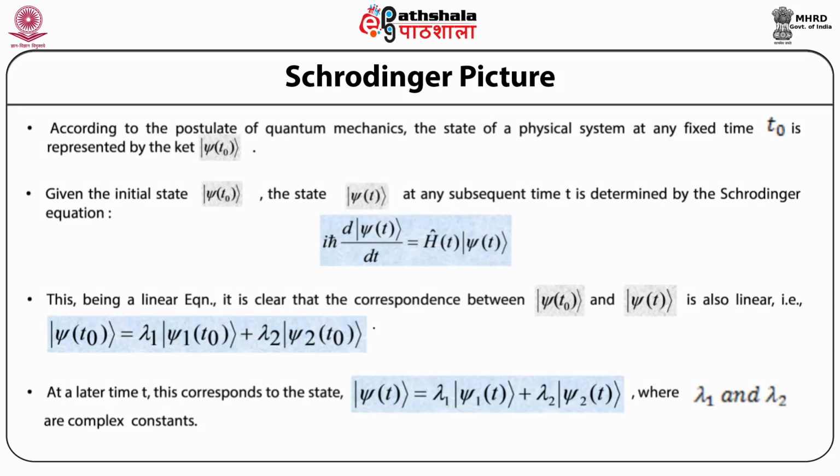Now, in the above equation that we were just discussing, the operator H as a function of time t is called the generator of the infinitesimal unitary transformation, and hence we can rewrite the above equation as: the state vector psi at time t plus dt is equal to the evolution operator U(t+dt, t) acting on the state vector psi at time t.